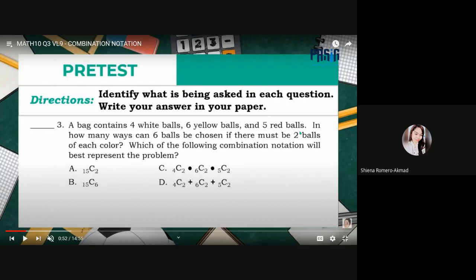Letter C, ma'am. Bakit letter C? Of each color, di ba? Bakit hindi letter D? 2 din naman yan.